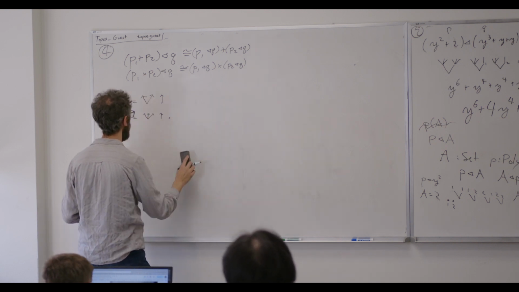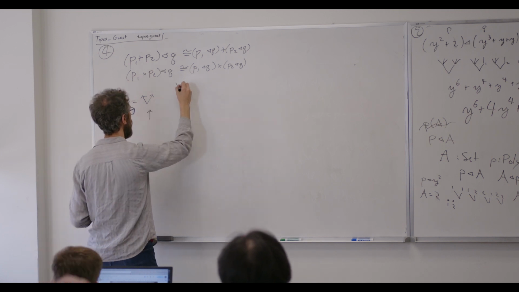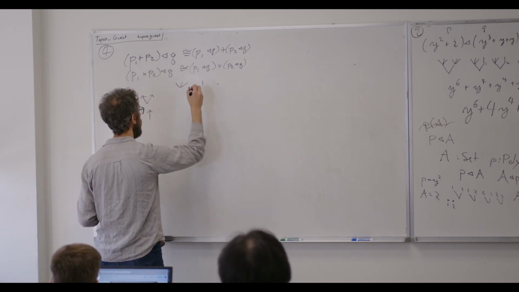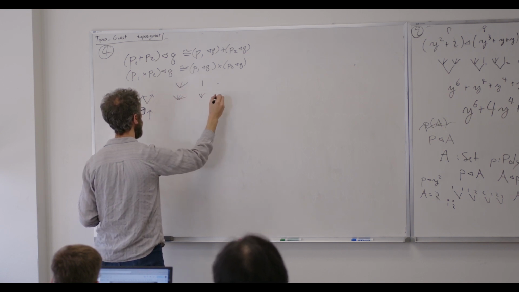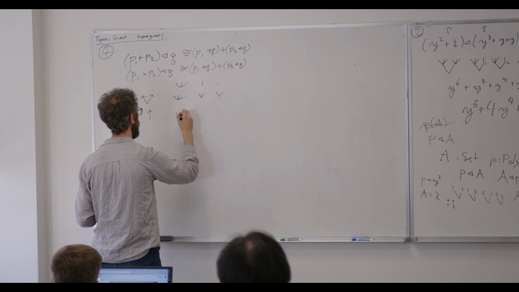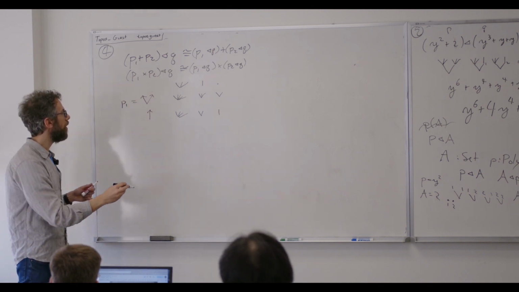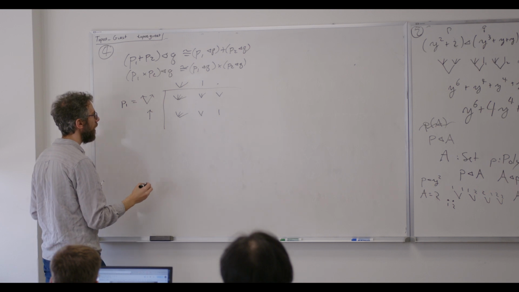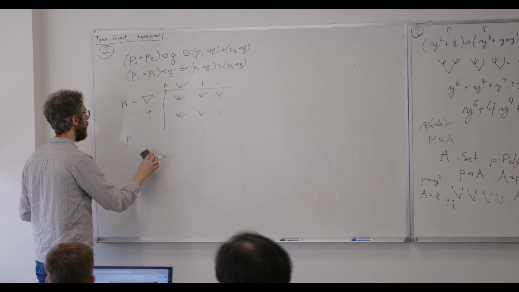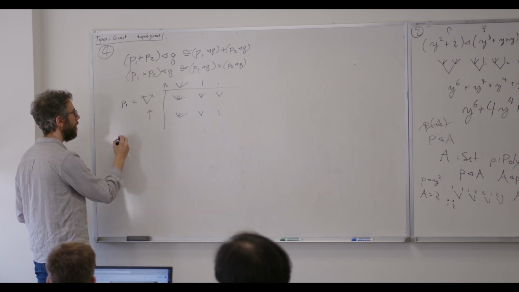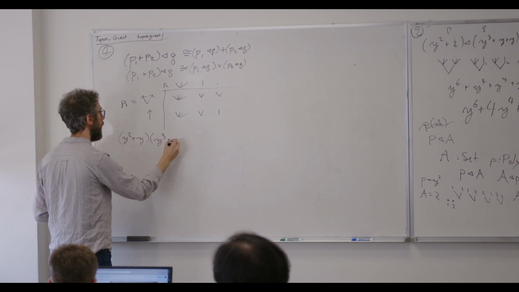P1 is that, and P2 is that. Then we have 5, 3, 2, 4, 2, 1. That's times. And in that 5, 2 of them came from the one on the left, and 3 of them came from the one above. Yeah, you add exponents.